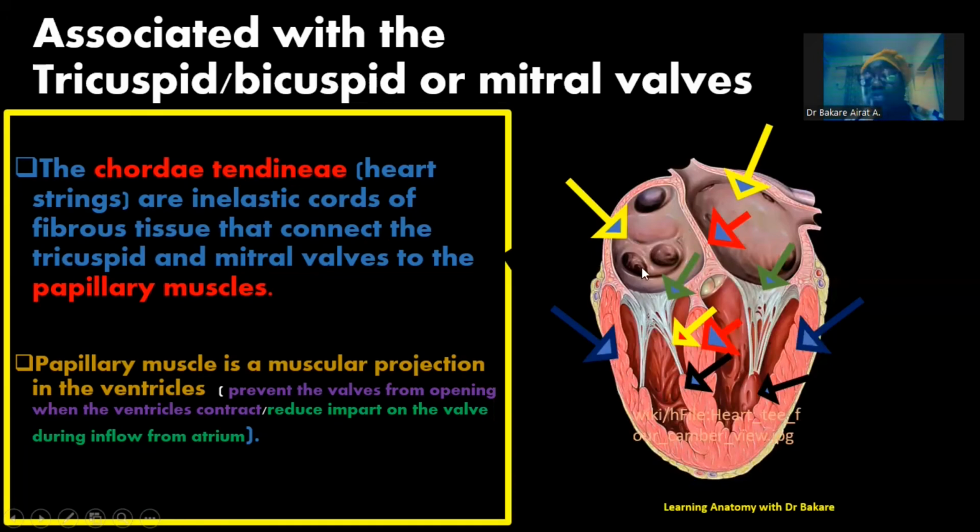It also helps to reduce the impact of blood flow when blood flows from the atrium to the ventricle on both sides. So it helps to control or guide the process so that blood is emptied from the atrium to the ventricle in a controlled pattern. So you can see that this establishment has its own function.